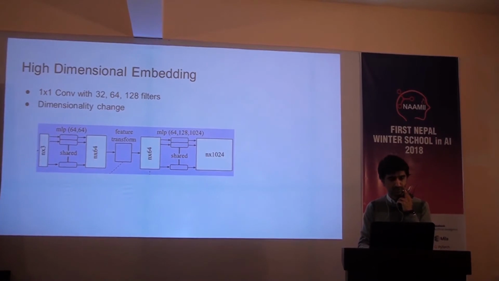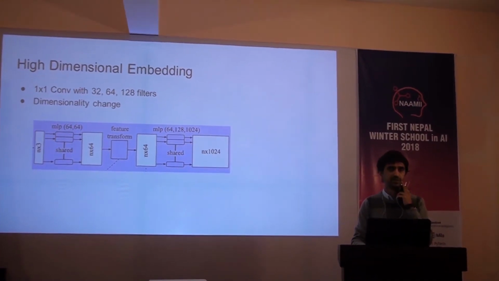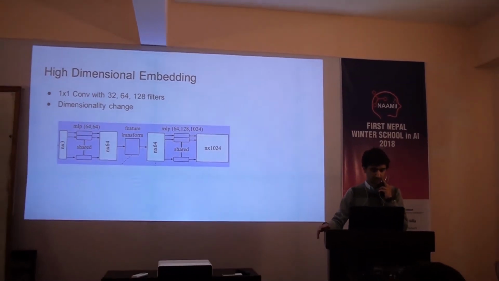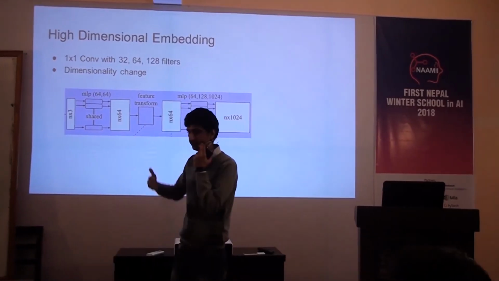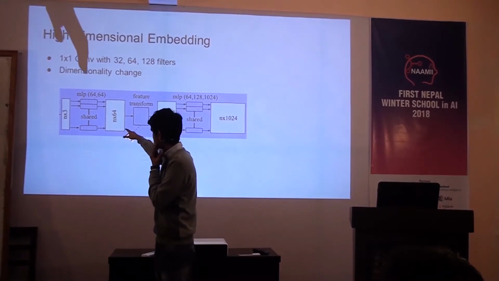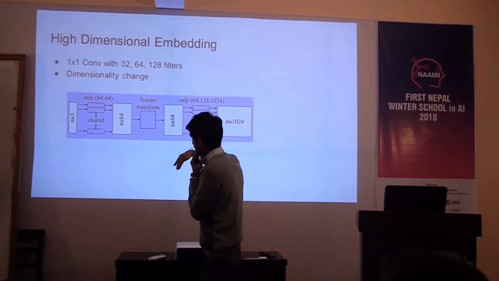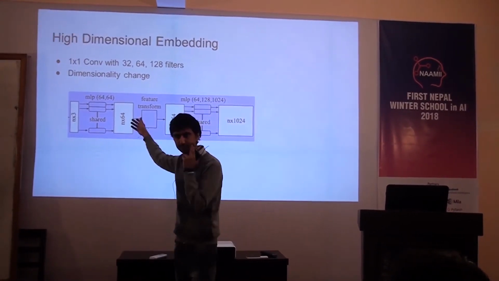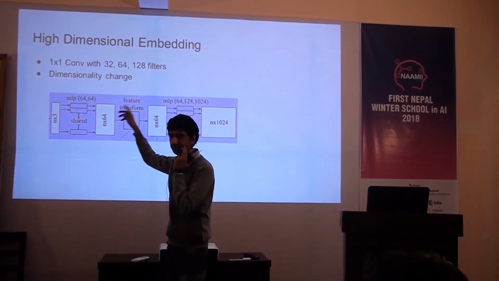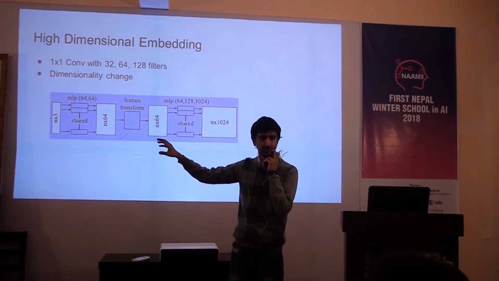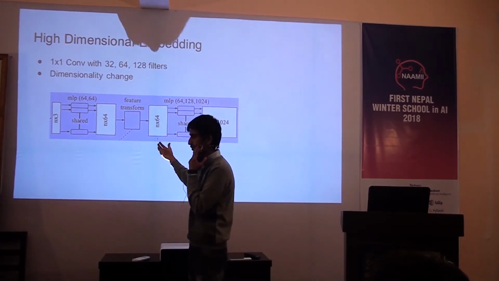The next thing is you want to do a higher dimensional embedding of each point. If you have 64 filters, then it will give you 64 feature maps, so n by 64. And then the feature transform is basically the same thing as the rotation before. We again want to rotate to a particular configuration.